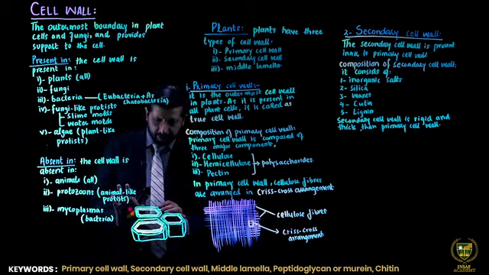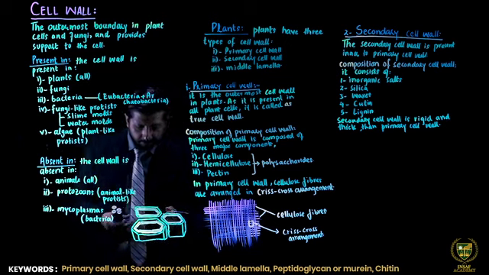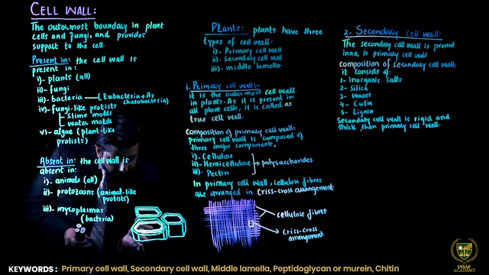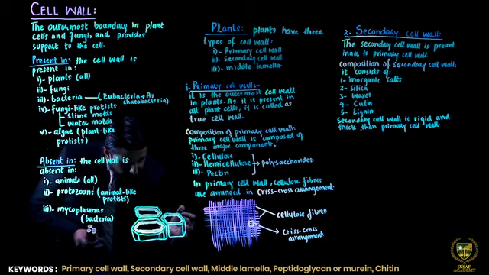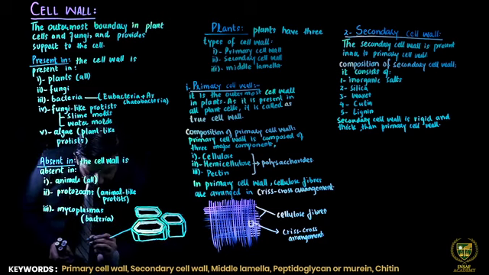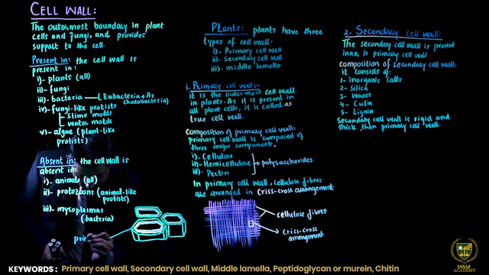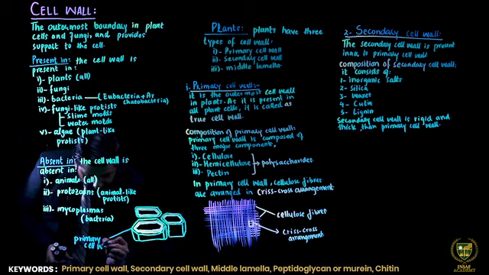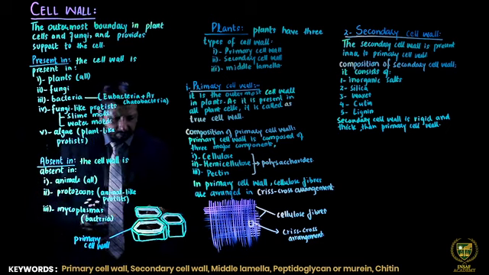So dear students, look at this very carefully. So this green boundary around all of these three, that is the primary cell wall. That is the primary cell wall.